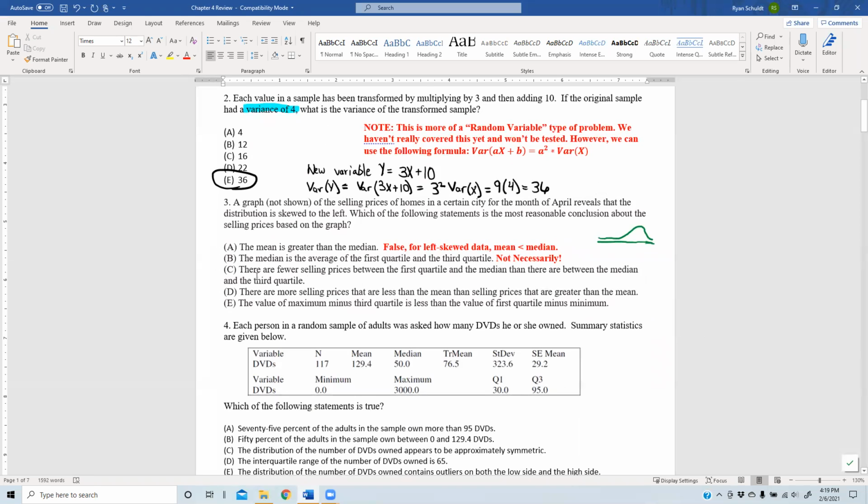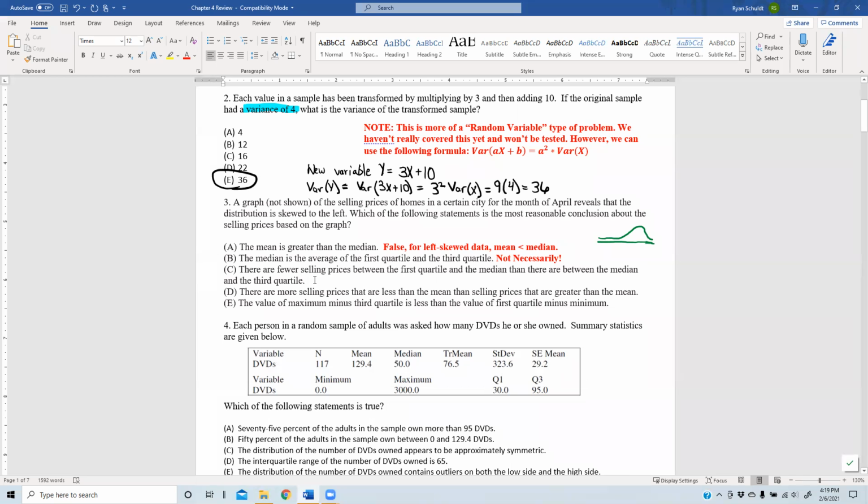C, there are fewer selling prices between the first quartile and the median than there are between the median and the third quartile. No. The median goes by number.